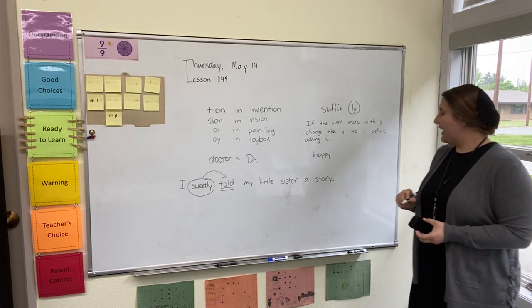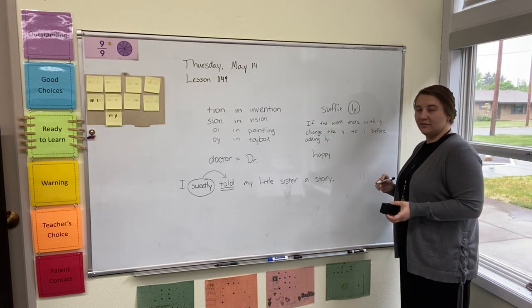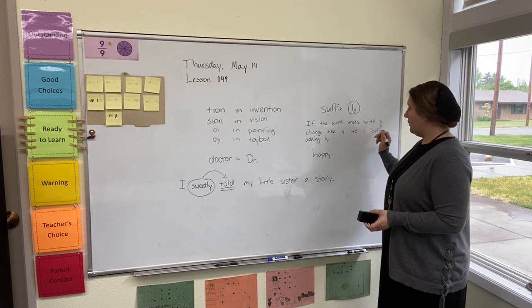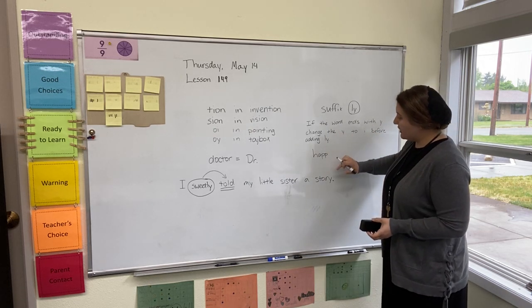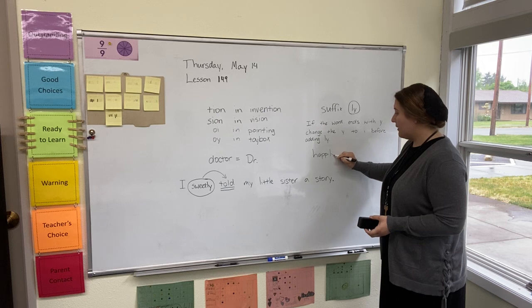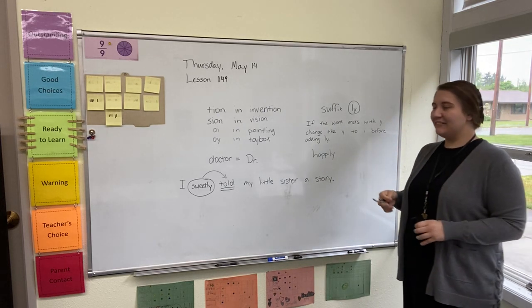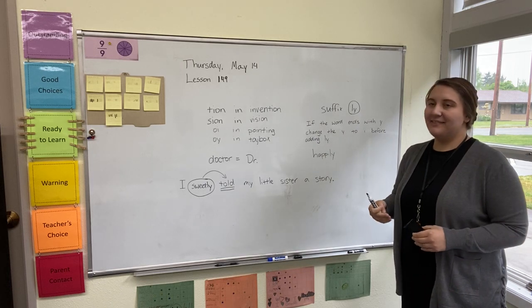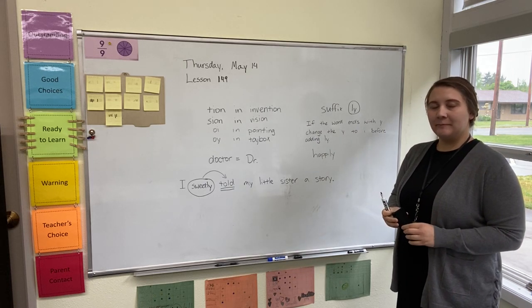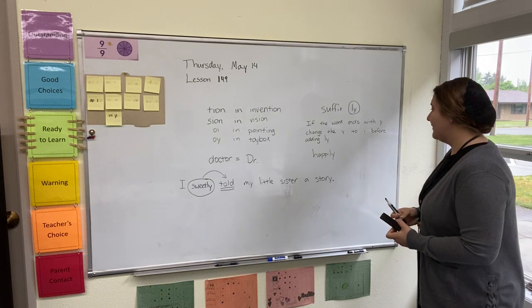But if we want to add ly, what do we do? Right up here. If the word ends with y, we have to change the y to I before we add ly. So then it says happily, kind of. You don't emphasize the I, but you say happily. See, there's a little bit of an I sound in there.